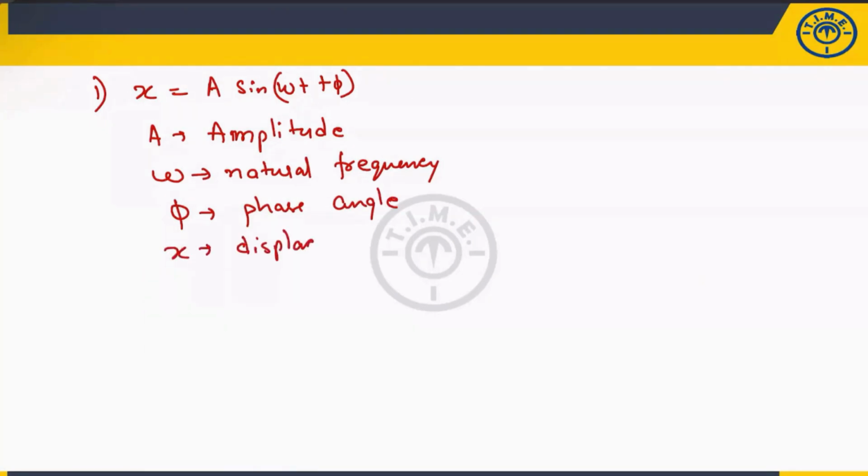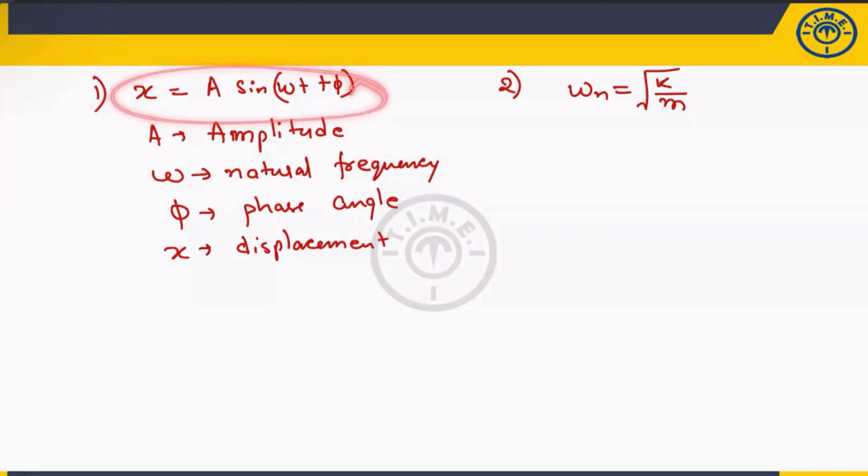I have discussed one more formula, which is that the natural frequency is root of k by m. Based on this, I will discuss some problems, but there are some important terms related to this equation. Let me discuss that, then we will directly move to the question.